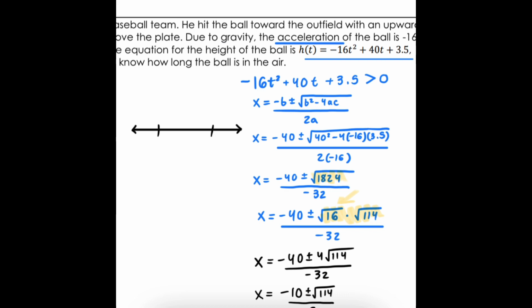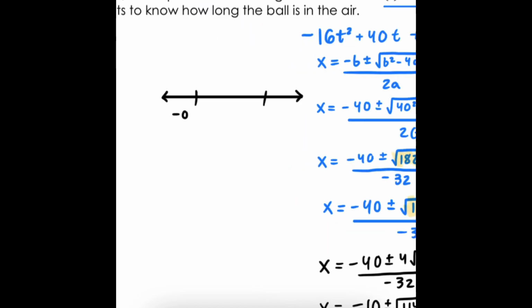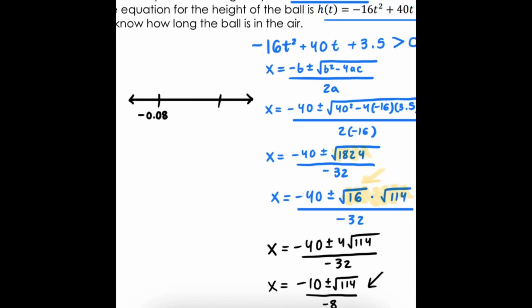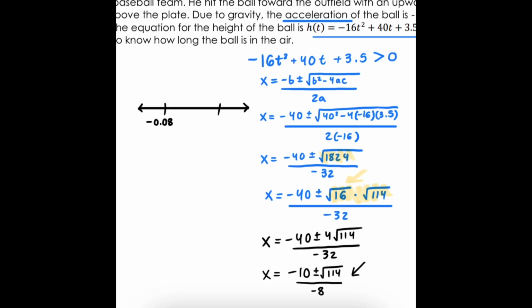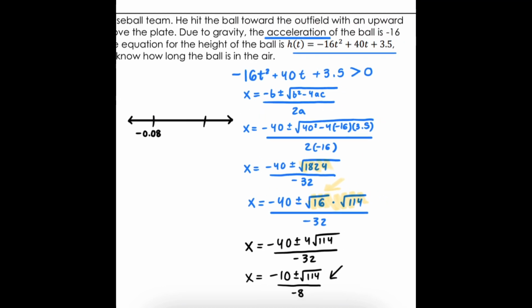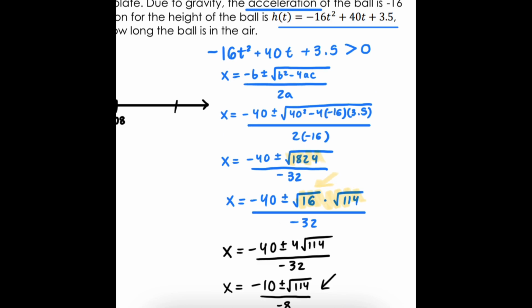So in order to do that, I'm going to get these as decimal approximations, the positive and the negative version. It's coming out to be a really, really small number. It'd be a really short amount of time to be in the air. But this would get rejected anyways, because that's negative. Okay, so let's say it was a minus 0.08 is what I'm getting.